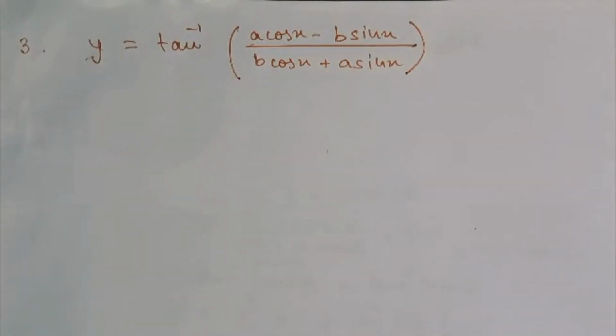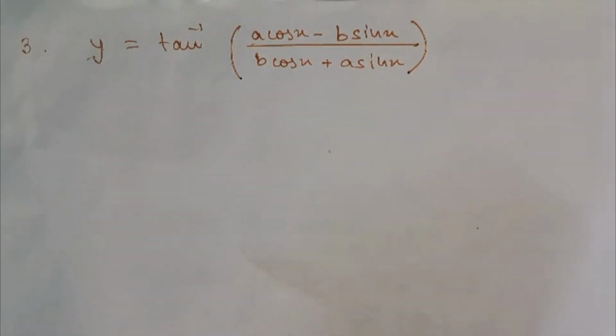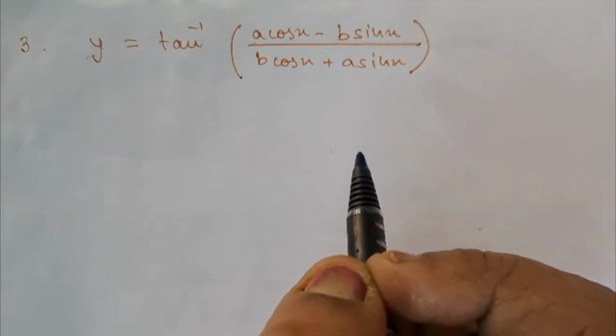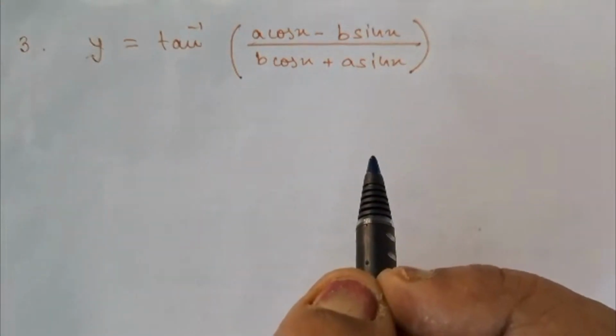Now the sum number 3, y equal to tan inverse of (a cos x minus b sin x) whole by (b cos x plus a sin x). So in this case, we won't do the substitution in the beginning.